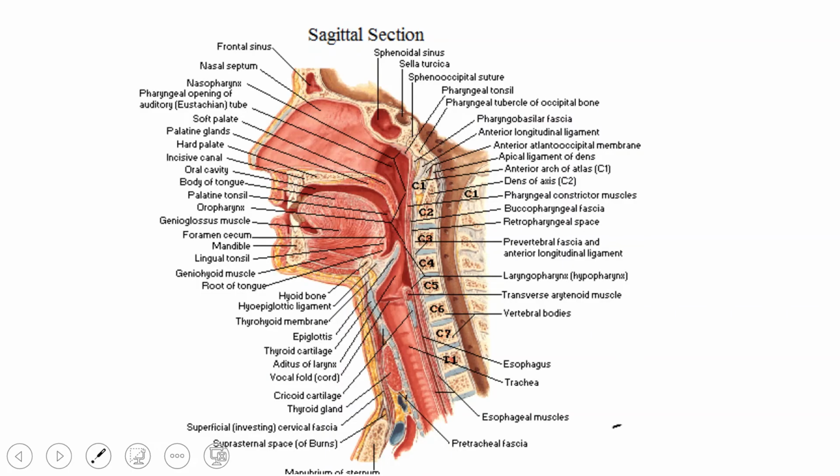Next, moving on to the laryngopharynx. This laryngopharynx lies at the level of C4 and C5 cervical vertebrae and lies behind the larynx. The laryngopharynx is also known as the hypopharynx.